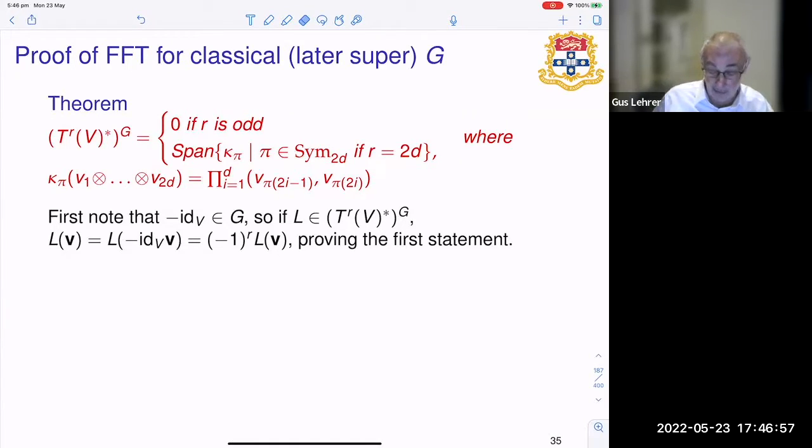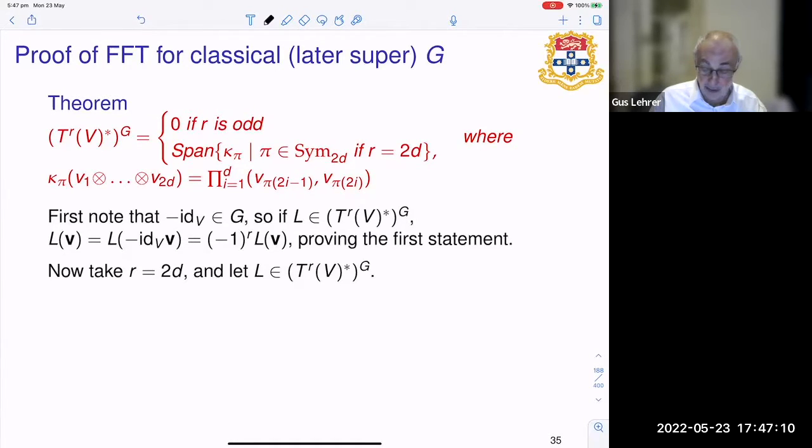And so that proves actually this first statement there. So let's take R to be even and take a linear form on T^R V, which is invariant under G.